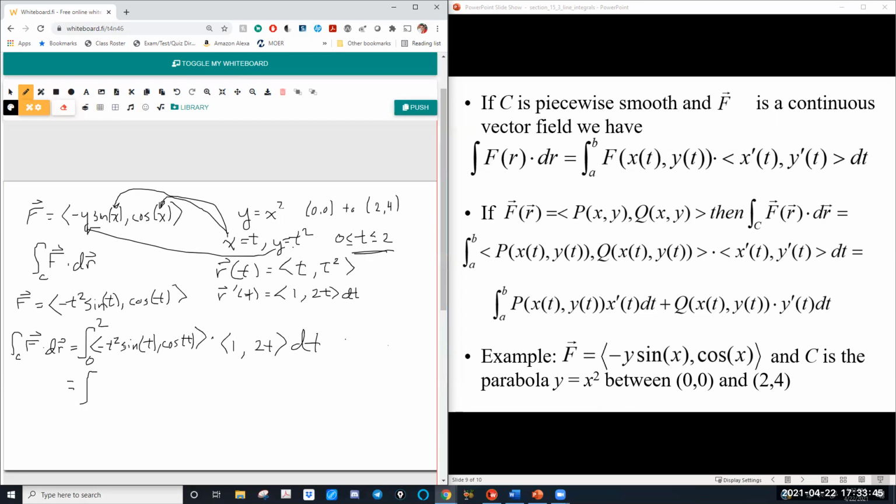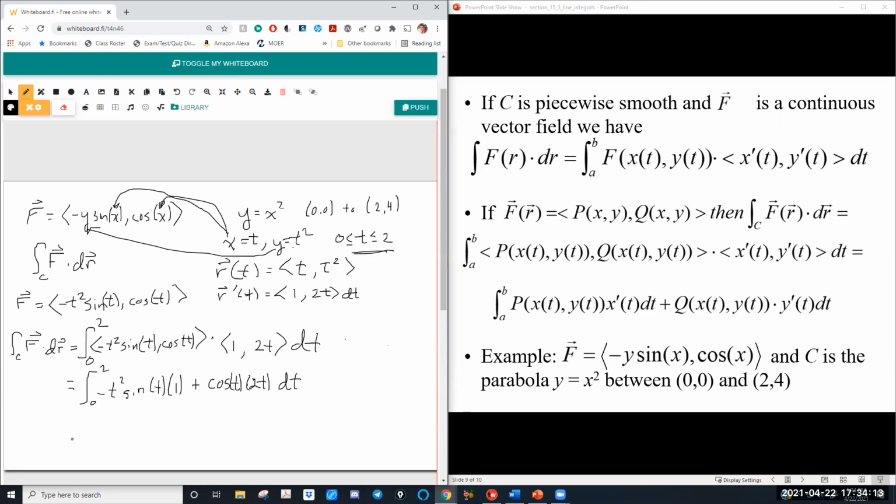So we do the dot product, which is this component times this component. So negative t squared sine of t times 1, and then plus cosine of t times, let's use parentheses again, times 2t dt. And again, limits are 0 to 2.